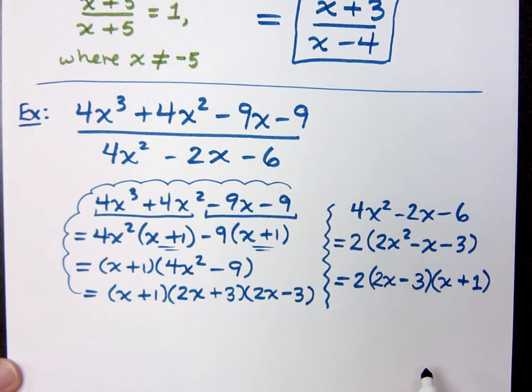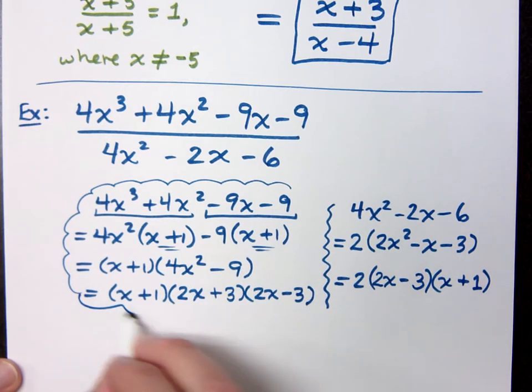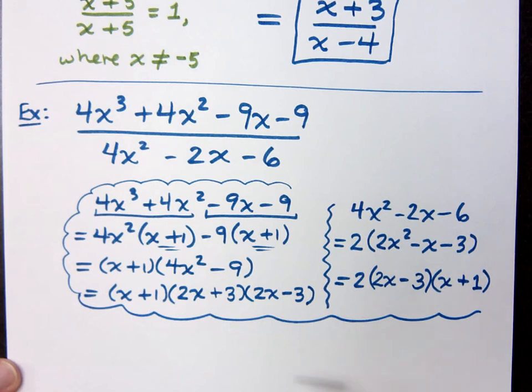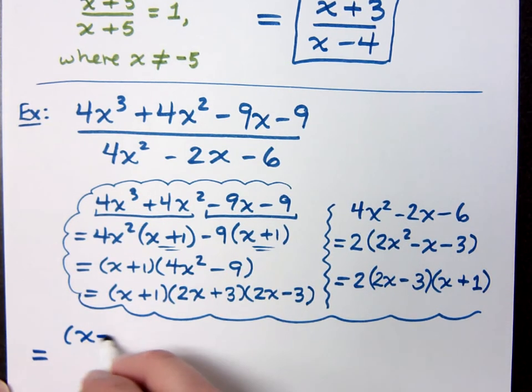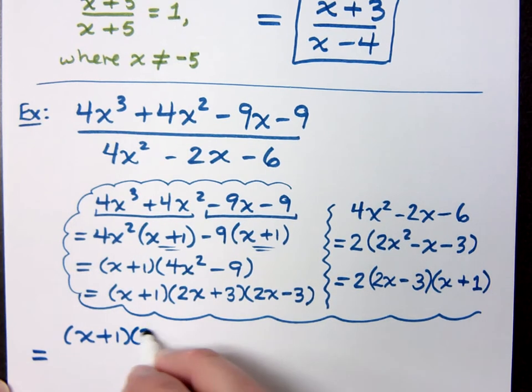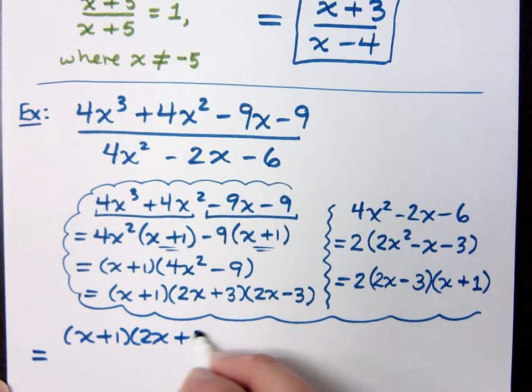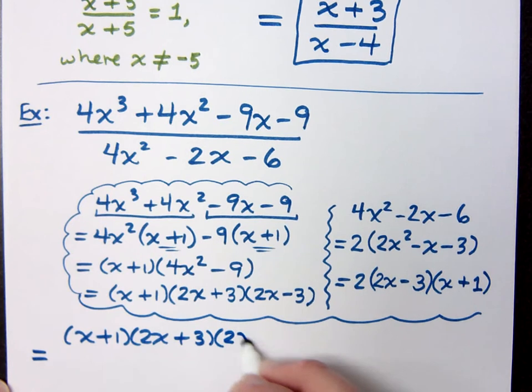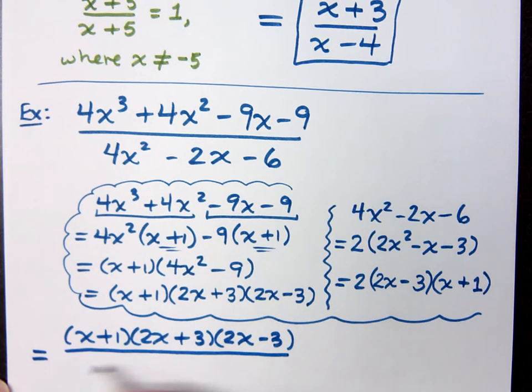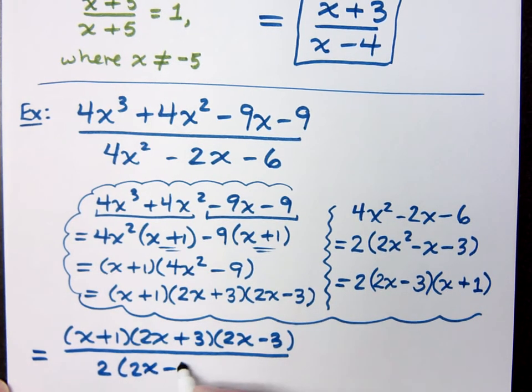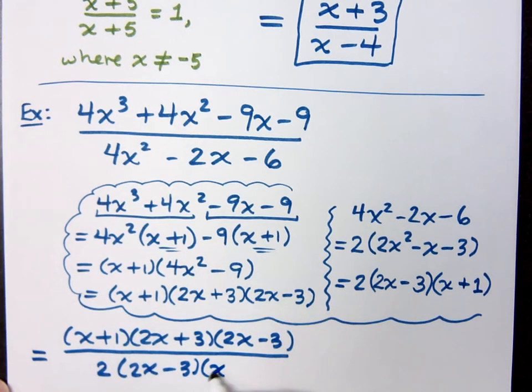All right. So let's put everything together. In the numerator, I have (x plus 1)(2x plus 3)(2x minus 3). In the denominator, I have the common factor of 2, then (2x minus 3) and (x plus 1).